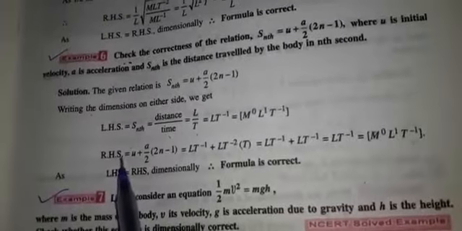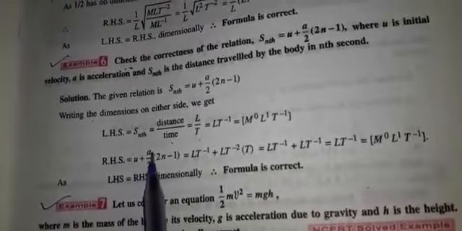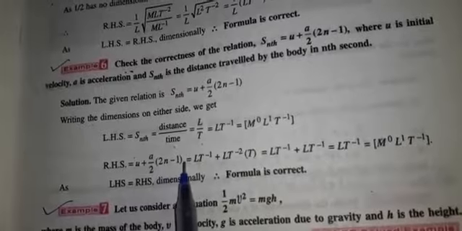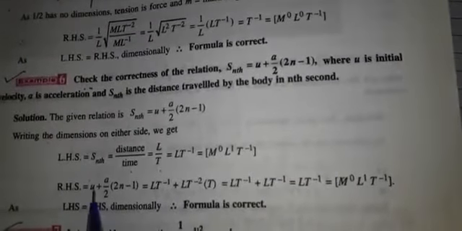Okay, now we check on the RHS side, U plus A by 2 into 2n minus 1. Okay, what is U? U is the initial velocity. And what is the formula of velocity? Displacement upon time. So M0 L1 T minus 1. So L1 T minus 1 plus what is A?